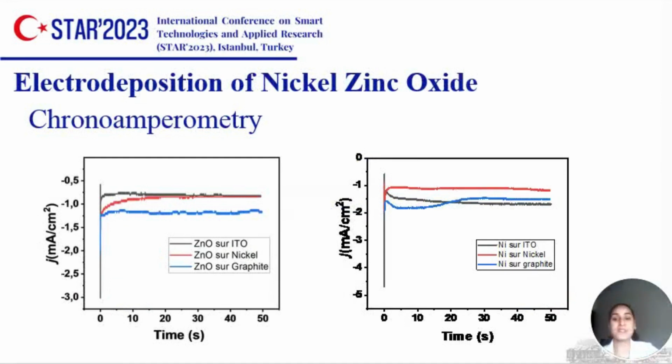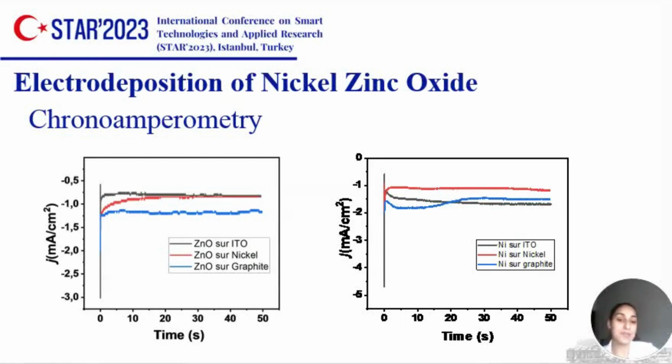To better understand the nucleation and growth mechanism of nickel zinc oxide on the indium tin oxide, nickel, and graphite substrates, the chronoamperometry method was employed by applying the potential of zinc oxide and nickel deposition. This was determined from the cyclic voltammograms as shown in the previous slide, corresponding to the anodic peak potential domain.